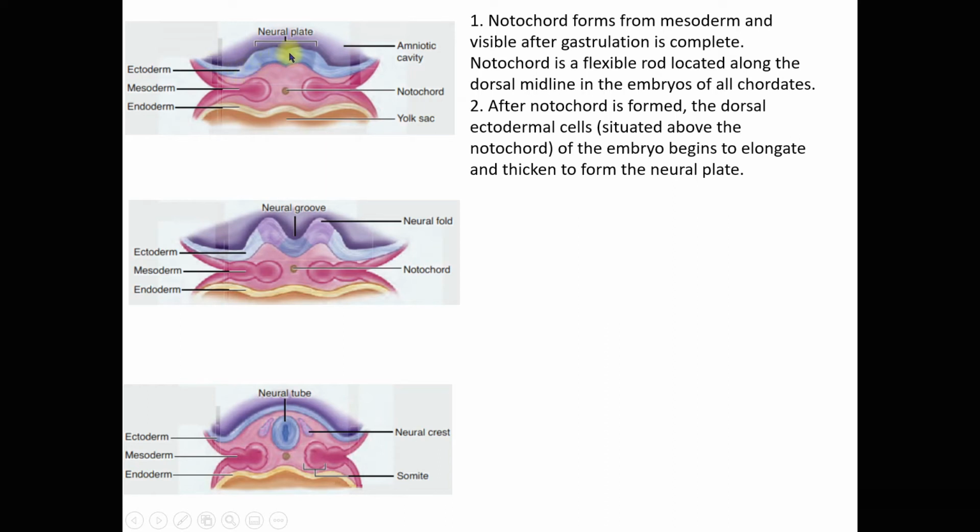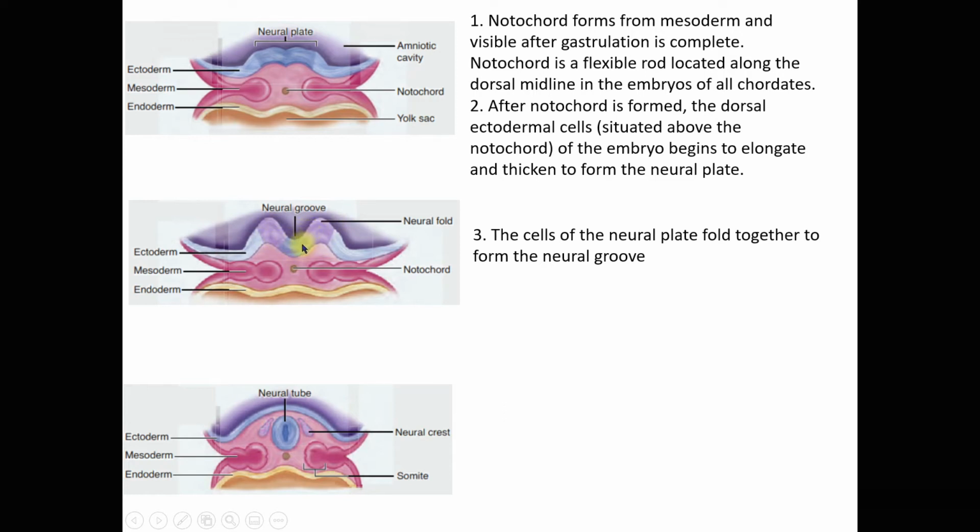When these dorsal ectodermal cells elongate and thicken, they form the neural plate. The cells of this neural plate will fold together to form the neural groove.